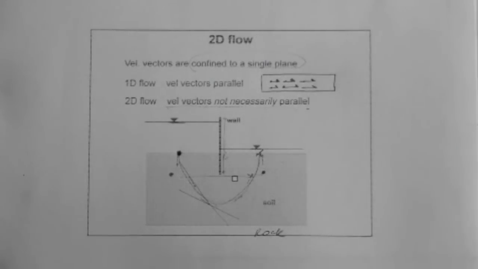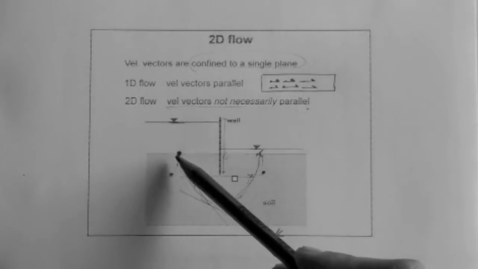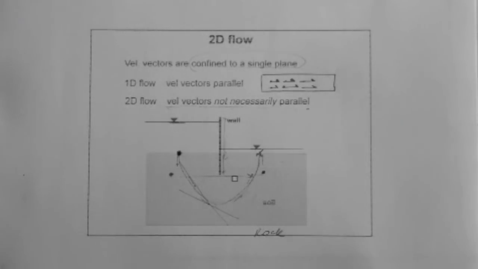Now what we have said here, or implied here, is that the flow will occur through the soil. Clearly that's the intent of what we're trying to describe. Flow through soil, that is seepage, right? Now, even though rock has a permeability or a hydraulic conductivity, it has a very low hydraulic conductivity.